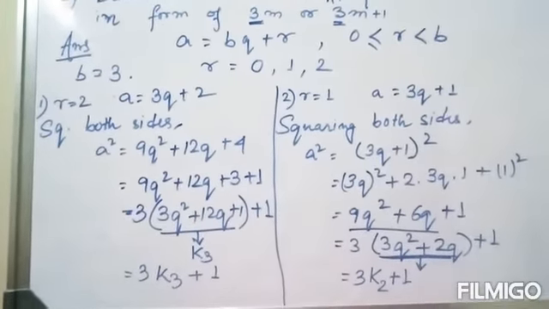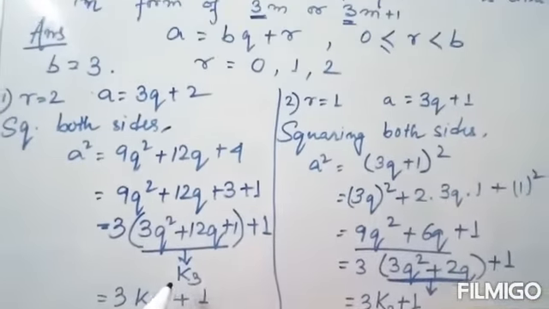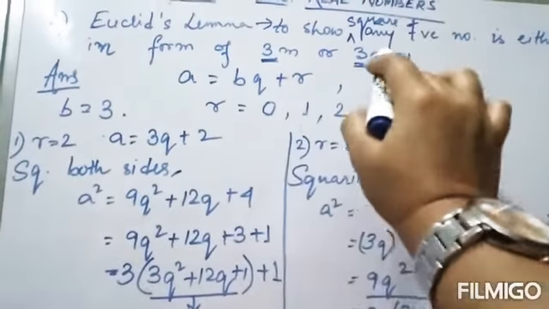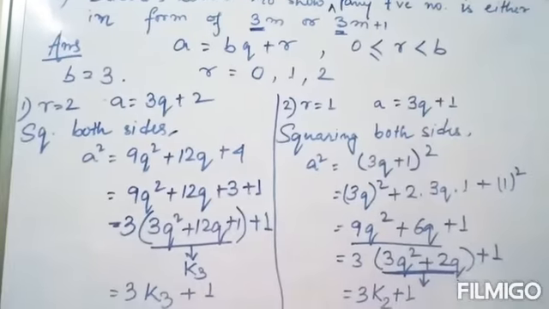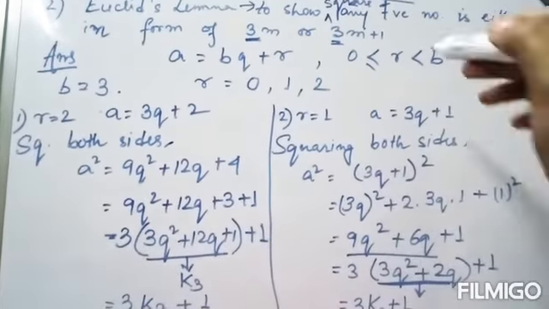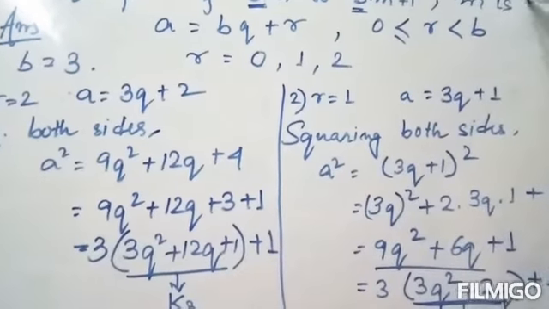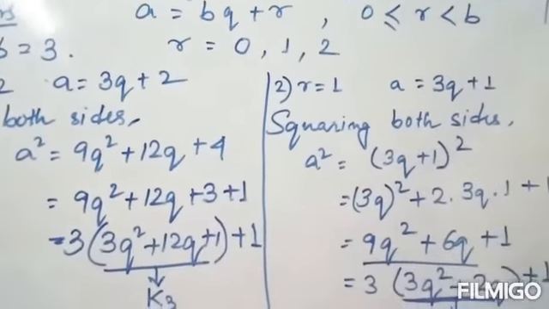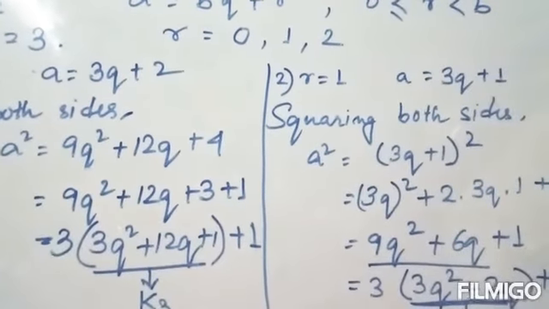Now you may ask why I am taking k1, k2, k3. Here the question was m, but I didn't take m, right? Why have I taken k1, k2, k3? Previously I have already told that m is any integer.